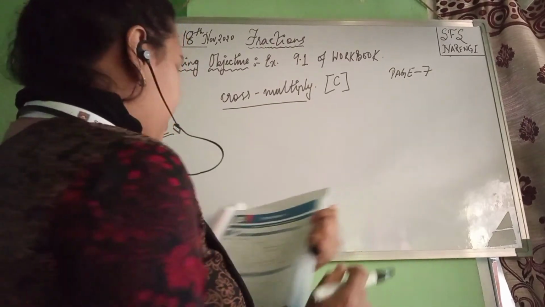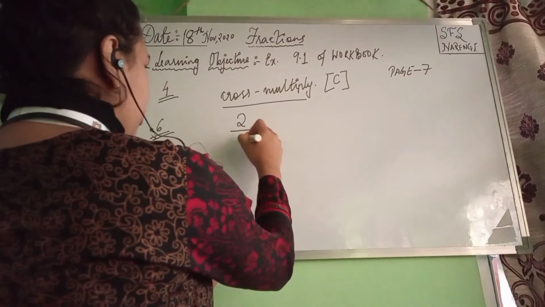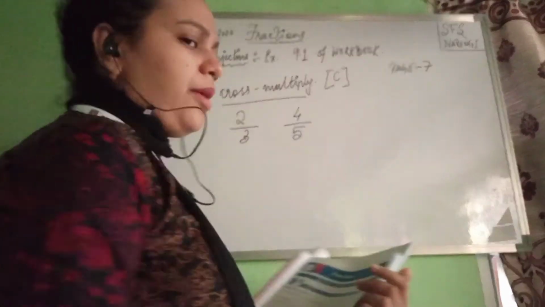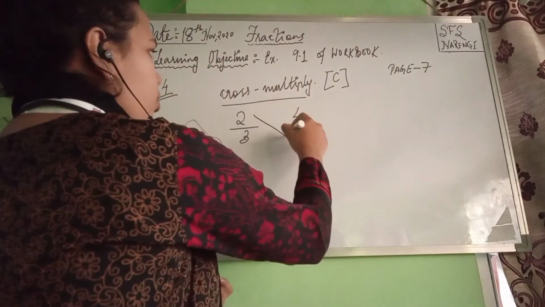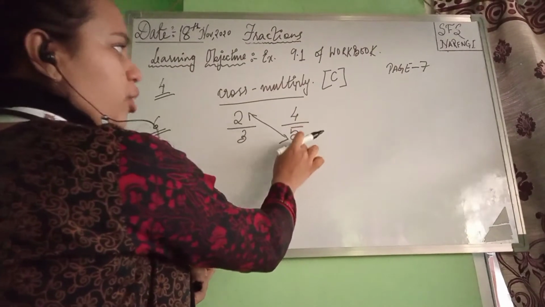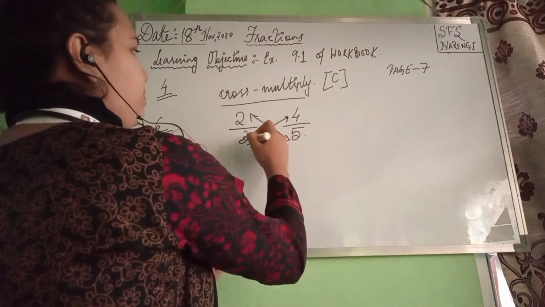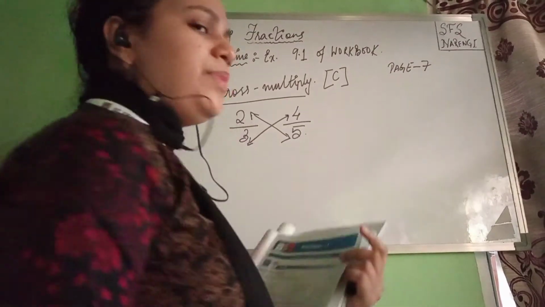In question number 6, you have to find the cross product of 2 by 3 and 4 by 5. Cross product is very easy, children. All you have to do is multiply the numerator of the first fraction with the denominator of the second fraction. Again, you have to multiply the denominator of the first fraction with the numerator of the second fraction.